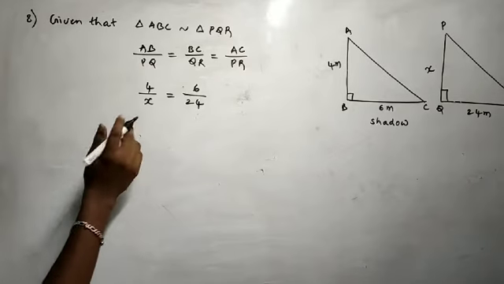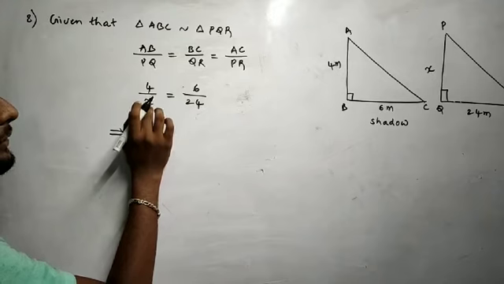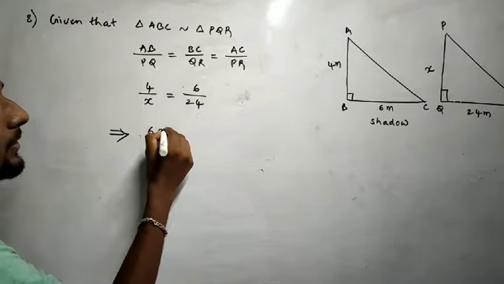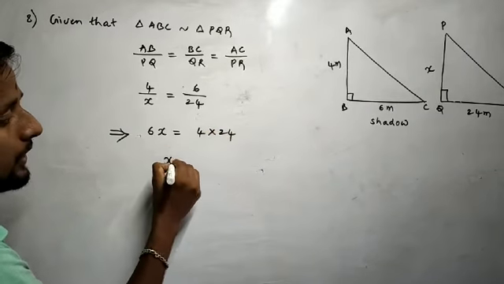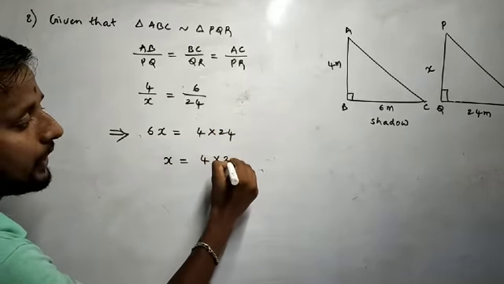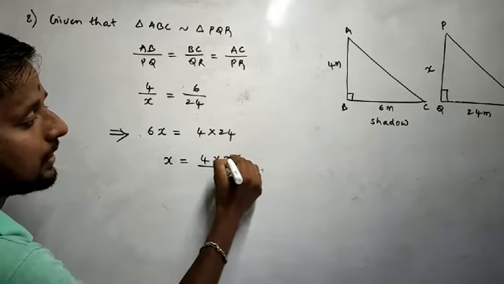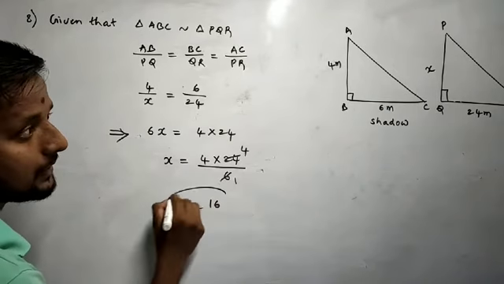So do cross multiplication. We need X, our first requirement. So X into 6 is 6x, and 4 into 24. So X is equal to 4 into 24 divided by 6. 6 ones are 6, 4 times, so 4 fours are 16.